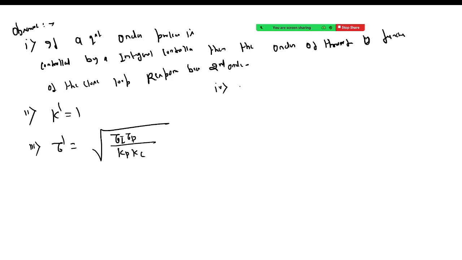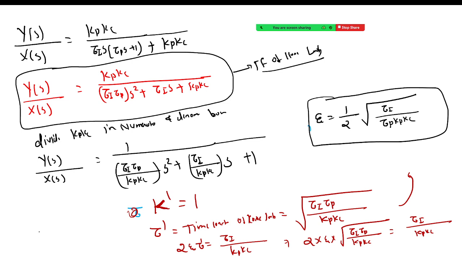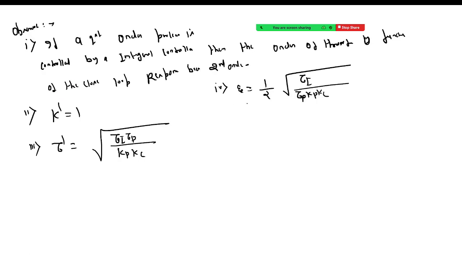And the fourth observation, zeta is equal to 1 upon 2 root over tau I divided by tau p kp kc. Is it clear? Fine. So this one is the observation.